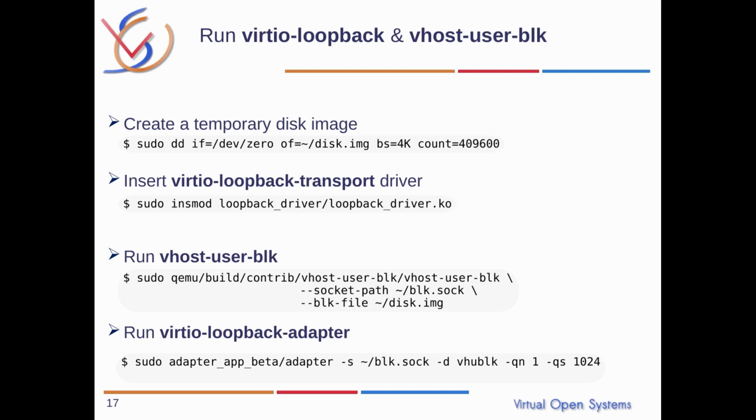Lastly, we run the adapter with the same socket path. We define the device that we want the adapter to create, and optionally we can define the queue number and the queue sizes. We will continue with the description of the demo and later the video.